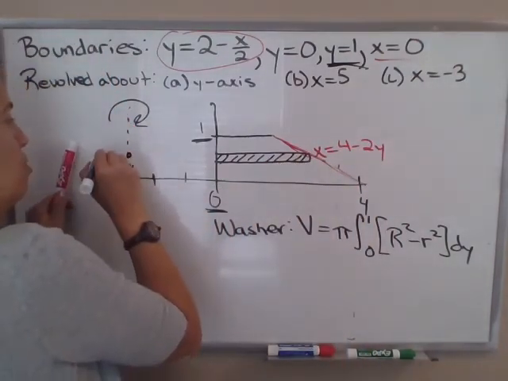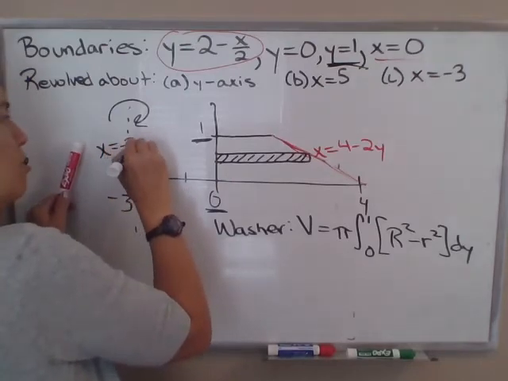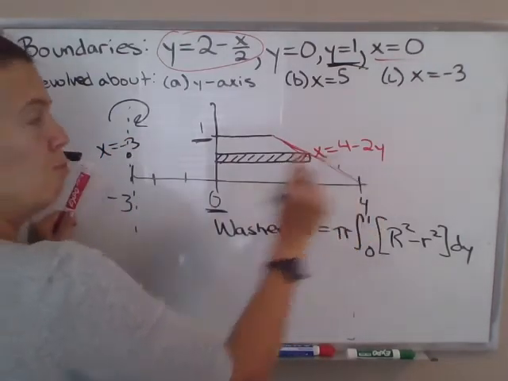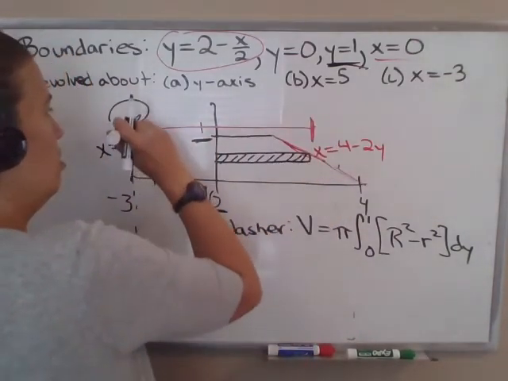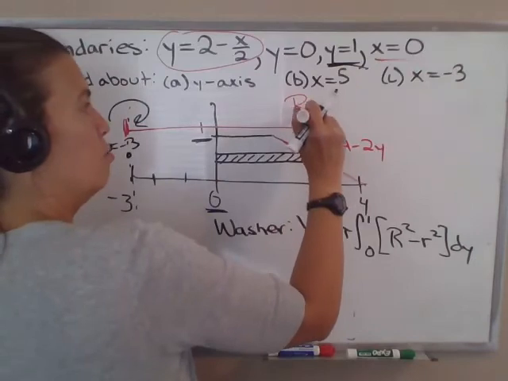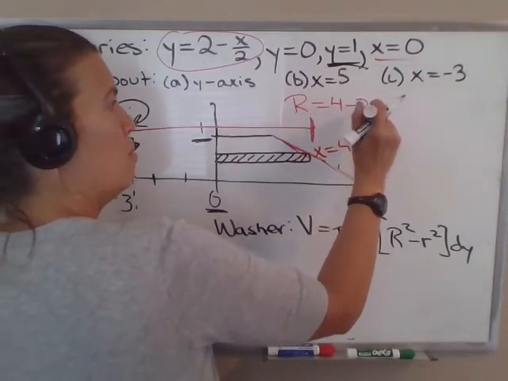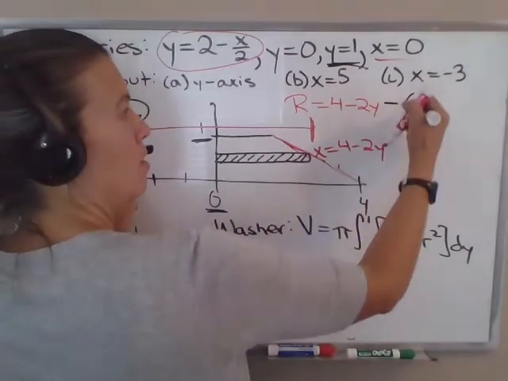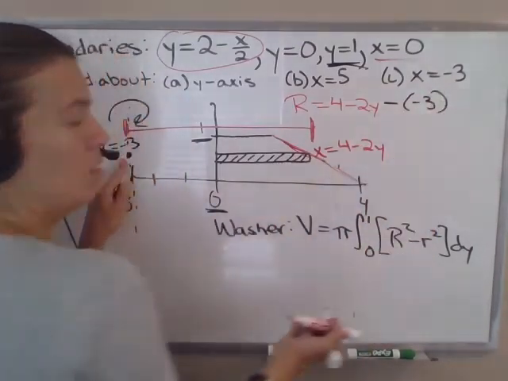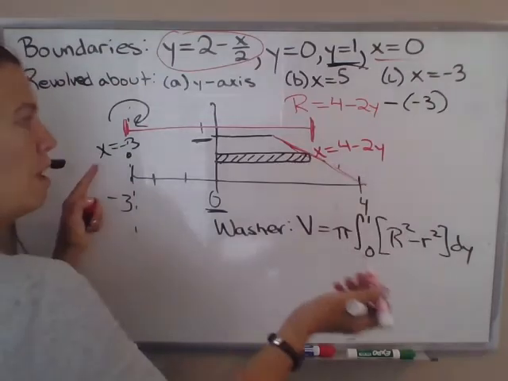And the distance between the axis of revolution, which is x equals -3, and the outer boundary, you do right minus left. So big R is 4 minus 2y minus left, -3. So actually plus 3. And that makes sense.